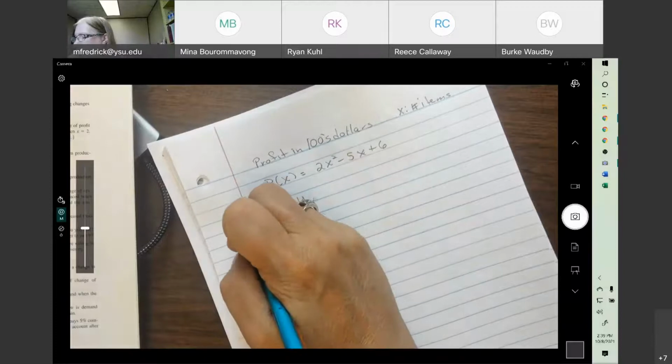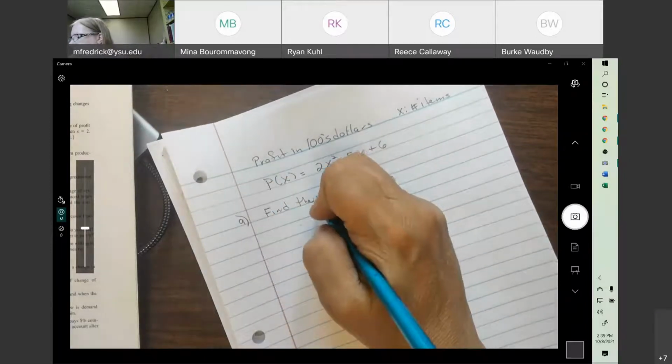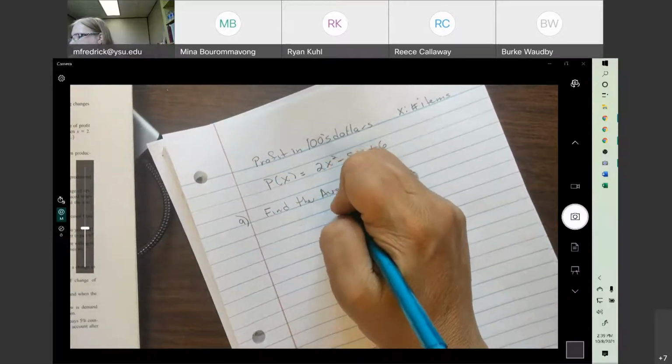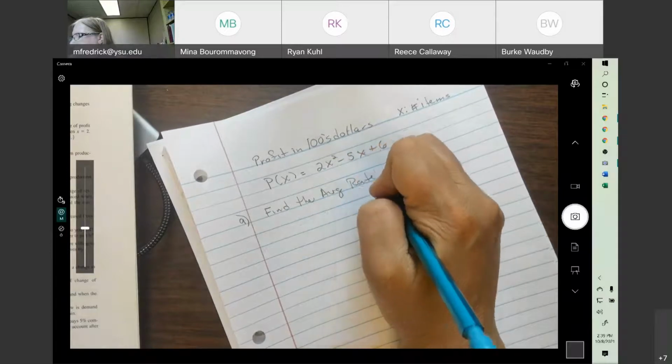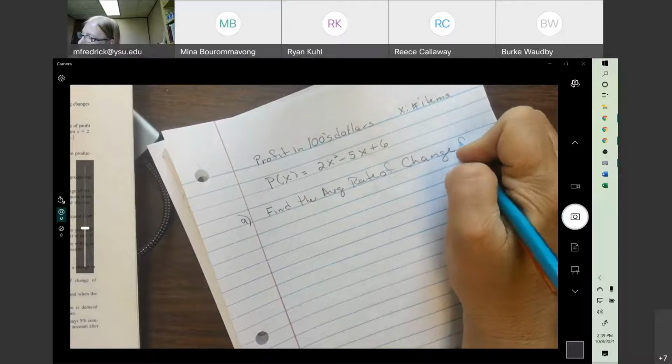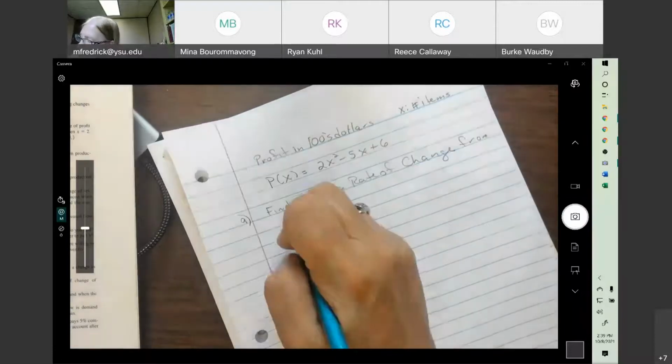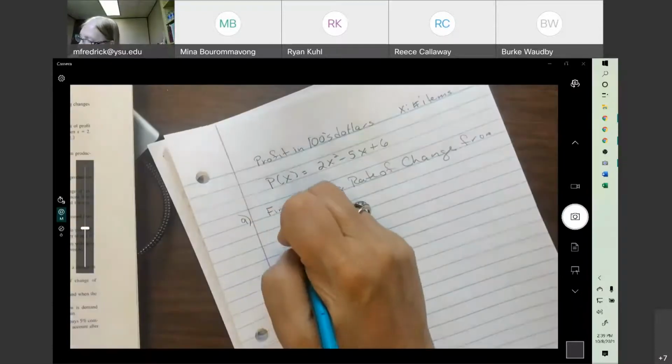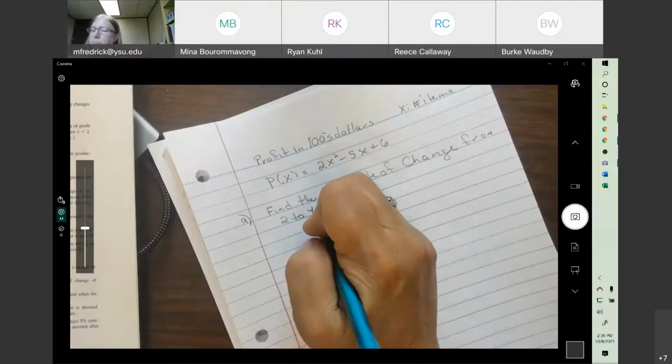So there's a few parts to this one. Find the average rate of change from 2 to 4.